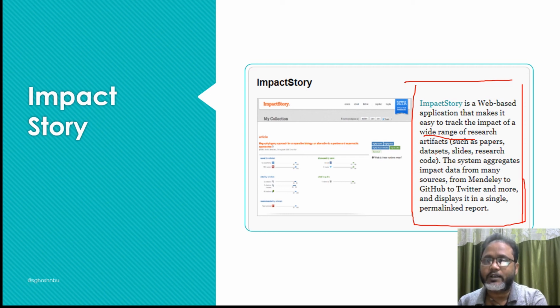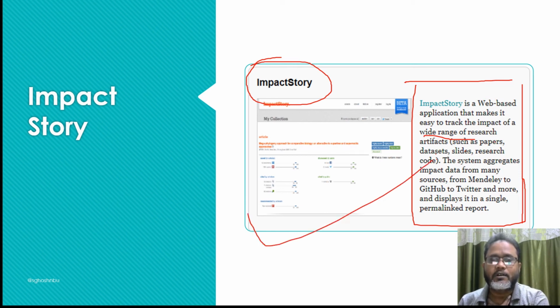So if you check ImpactStory and search via your name, it will not only collect data regarding your published literature, but also the other things you did, like you prepared data, PowerPoint slides, or research code. In this way, you can understand your place in the academic domain.